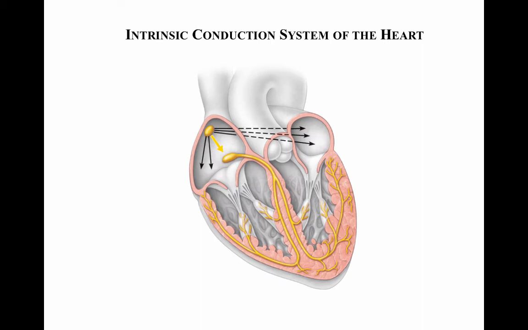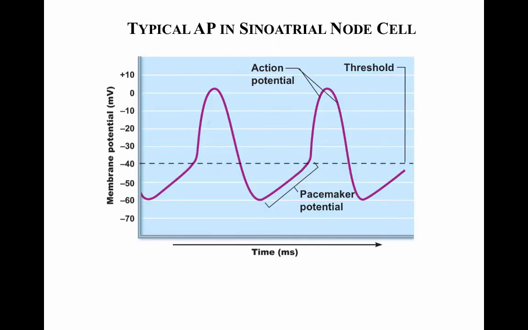And so the intrinsic conduction system of the heart being sinoatrial node, atrioventricular node, these bundles, the branches, the Purkinje fibers, and we're thinking about action potential in relation to the continued firing all the way through to have a complete heart contraction.